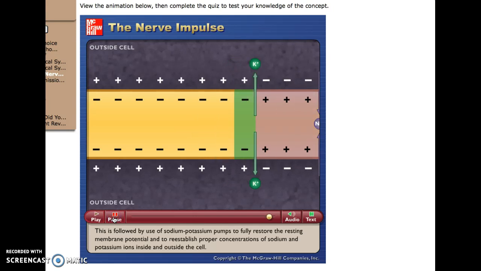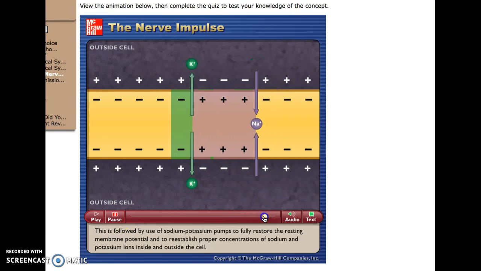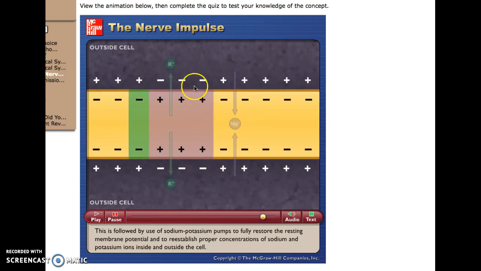Okay, so what you can see here, this is what the impulse looks like. It's going to travel down the axon, and behind it, it's going to start going back to resting potential so it can reset. So it kind of sends it in a wave where we have enough stimulated neuron here to allow the sodium channels next to it to be stimulated and to open just behind it.